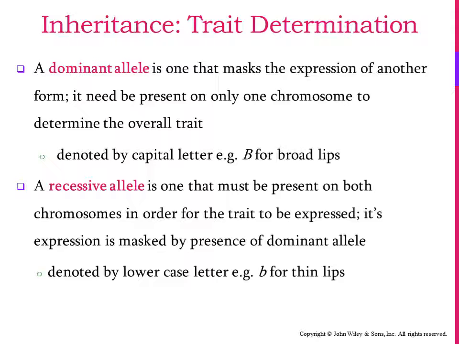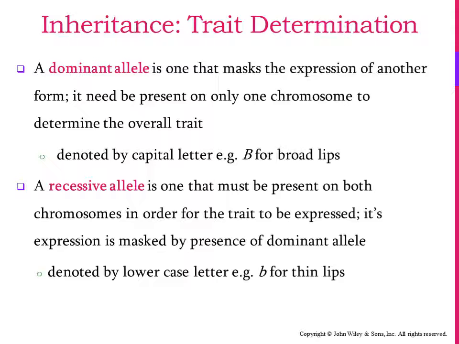It can be present on one of the chromosomes or both of the chromosomes. If it's present on either, then that is a form of the trait that becomes visible. And we denote that by a capital letter. For example, broad lips are dominant over thin lips, so we'd represent the dominant or broad lip form with a capital B, and thin lips would be denoted by lowercase b.